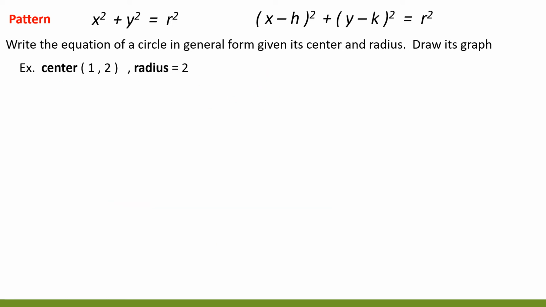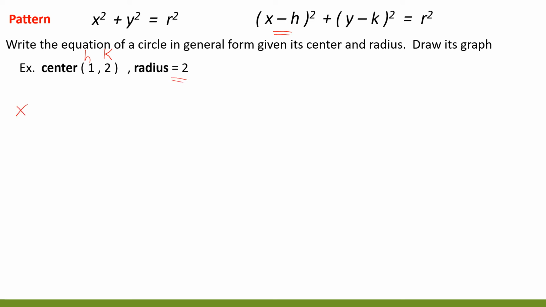Our next task is to write the equation of a circle in general form, given its center and radius. Draw its graph. Center, 1, 2, radius, 2. Again, the given center is not at the origin, so we will use the longer pattern. Let's substitute, our h here is 1 and k is 2. Of course, your radius is 2.